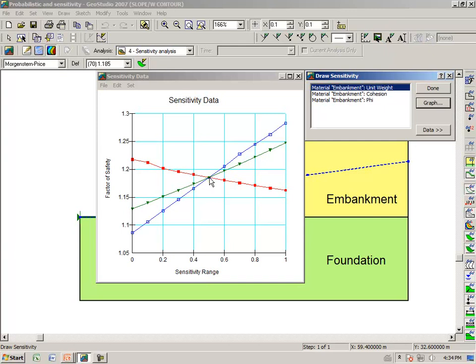These curves all cross over at the 0.5 value, and this point here represents the static case. This simply gives a picture of how the factor of safety changes within the range that you have specified in your dispersion of the data.